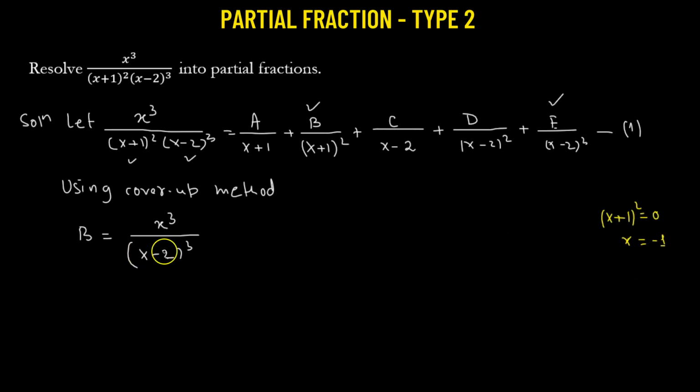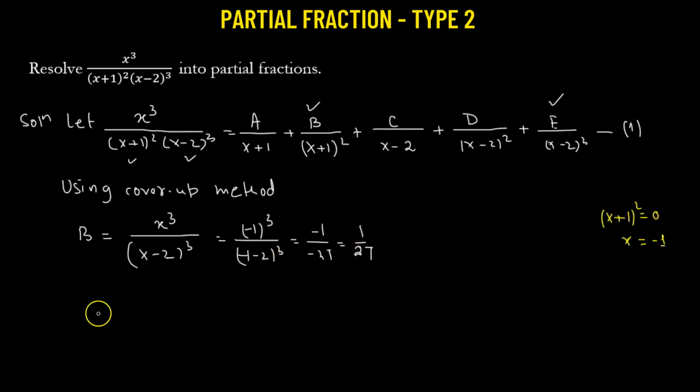So we substitute x with negative 1. This gives us negative 1 whole cubed divided by (negative 1 - 2) whole cubed in the denominator. That's negative 1 divided by (negative 3) whole cubed, which is negative 27. So our B value comes out to be 1 over 27.